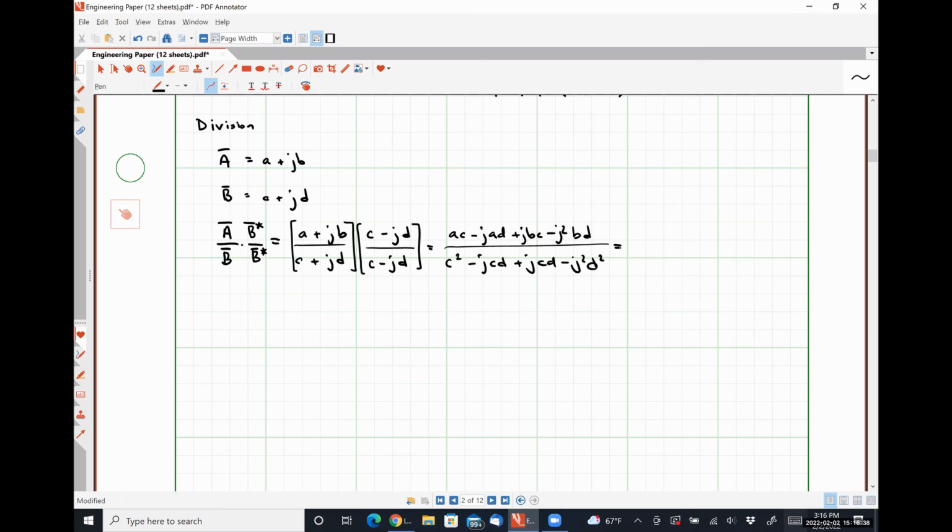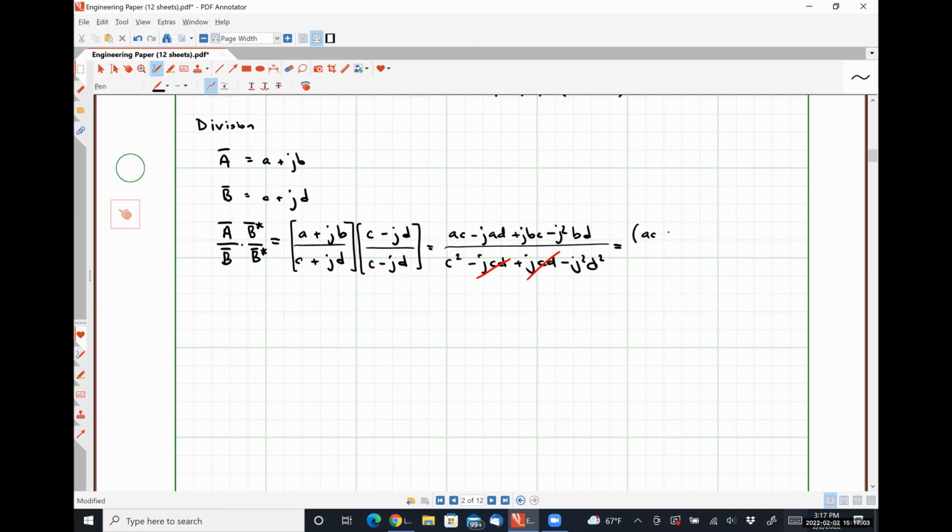And we can simplify those j squareds into negative 1 and also observe that this negative jcd and this positive jcd cancel each other out, giving us ac.